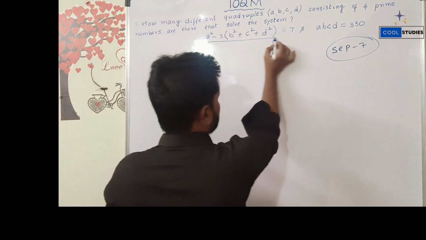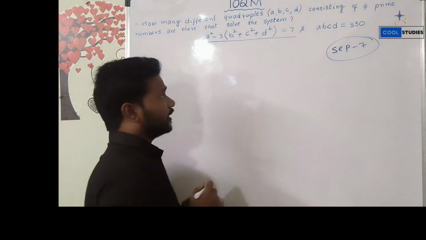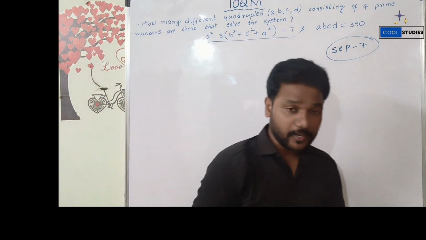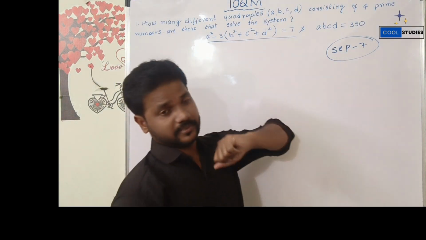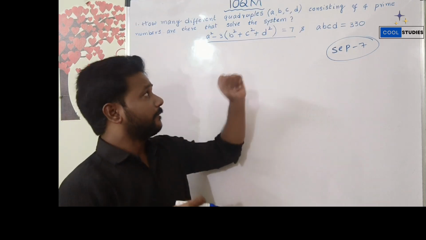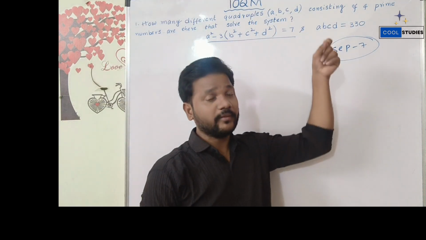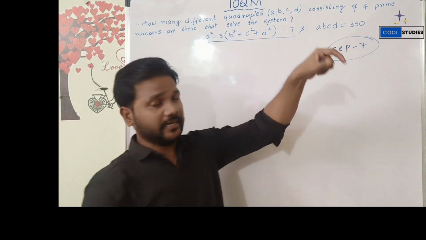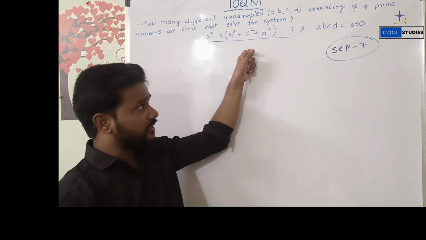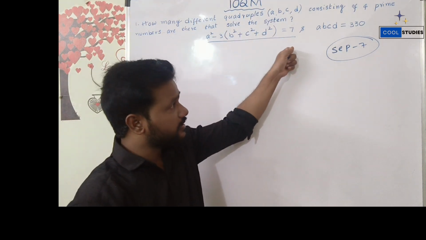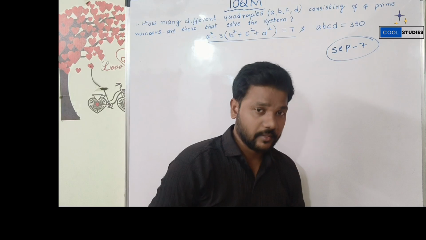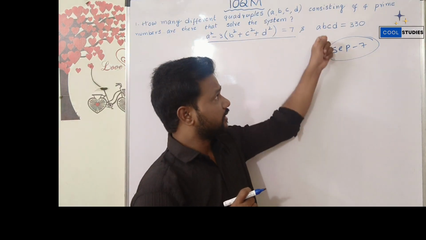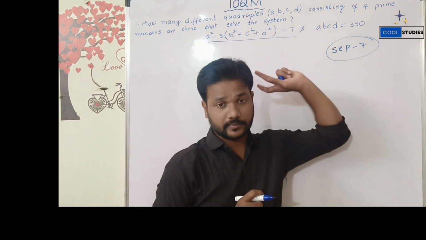It is given that A, B, C, D are four prime numbers. We have to find in how many ways, how many values of A, B, C, D we can substitute in the given equation so that LHS and RHS are both equal. For that, the hint given is A times B times C times D is equal to 330.